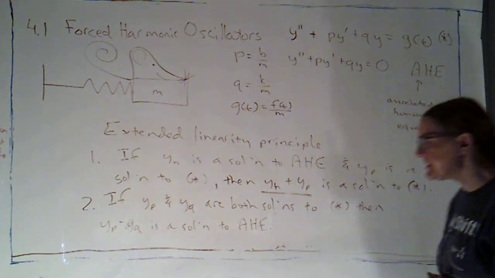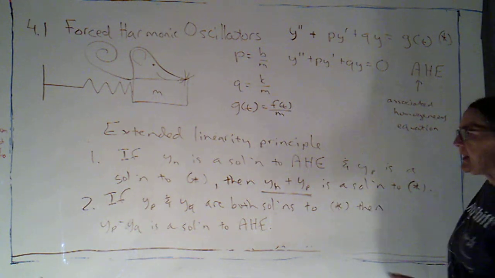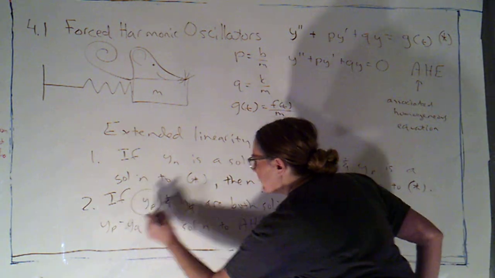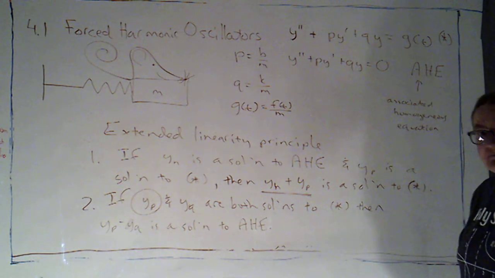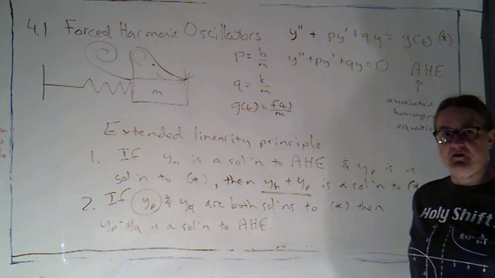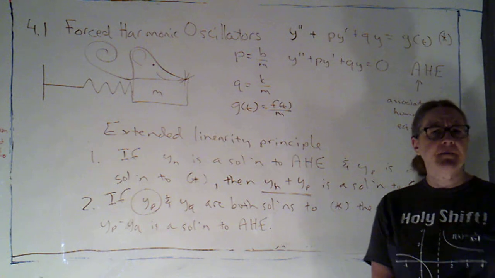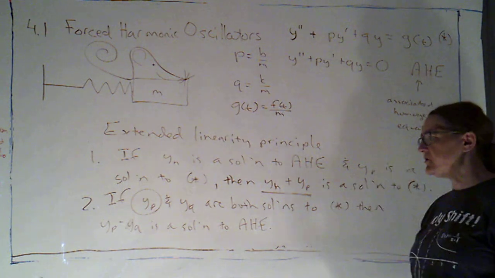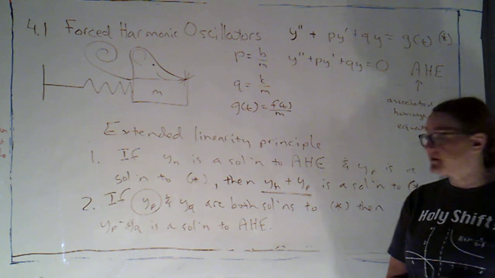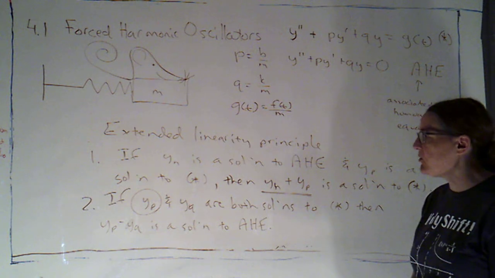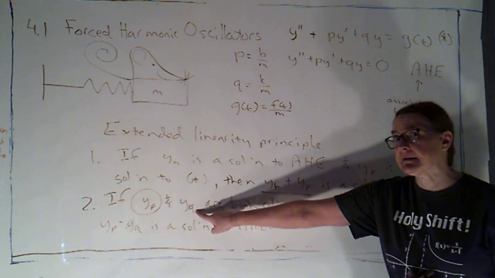Okay, how does that work? Well, if I have y sub p, and I say that's my particular solution, so I want to say that everybody's solutions can be written as my solution plus a solution to the associated homogeneous equation. Somebody says, well, what about this solution?